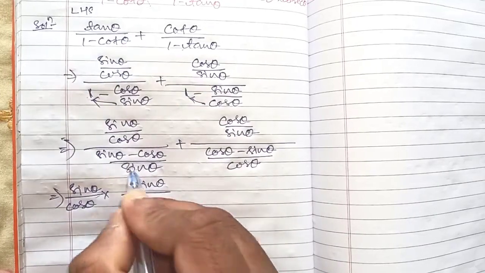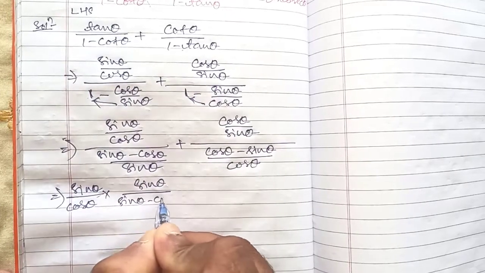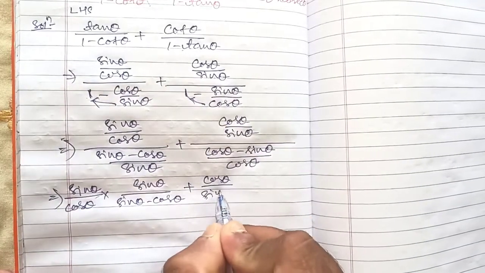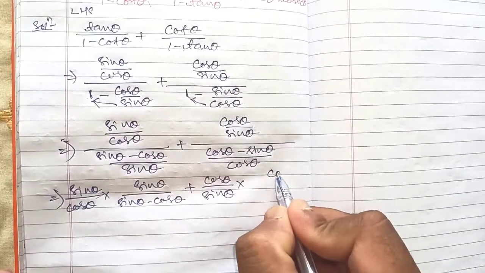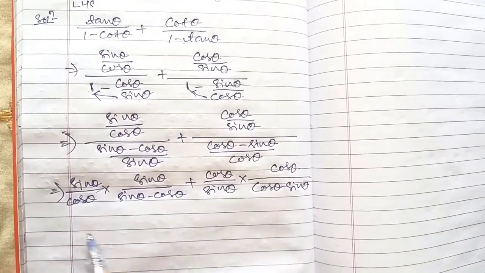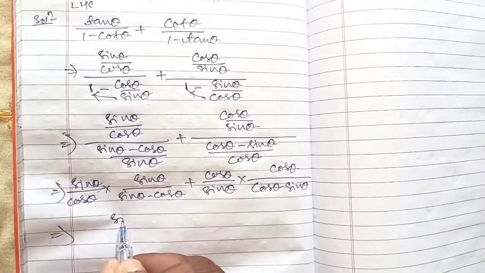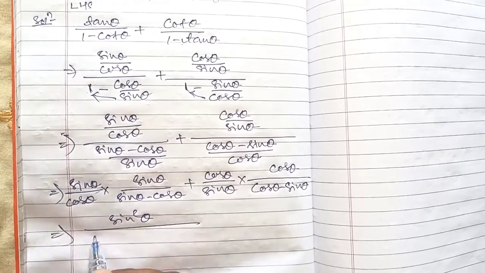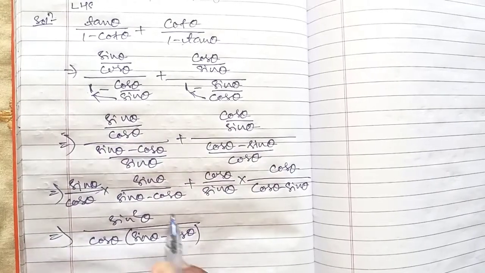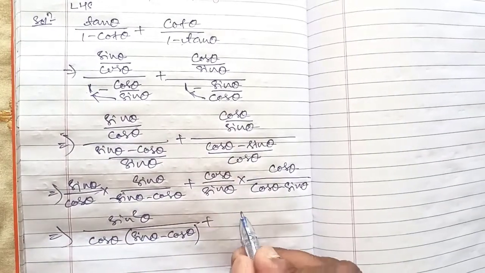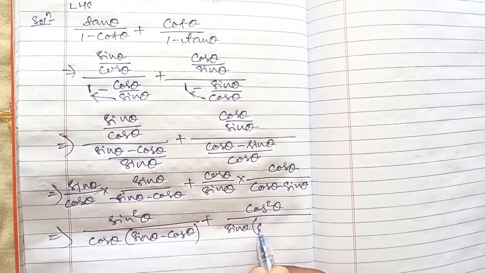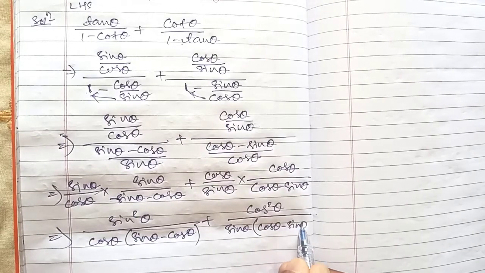So sine theta by cos theta into sine theta by sine theta minus cos theta, plus cos theta by sine theta into cos theta by cos theta minus sine theta. Now multiply sine into sine: sine square theta divided by cos theta into sine theta minus cos theta, plus cos into cos, cos square theta whole divided by sine theta into cos theta minus sine theta.